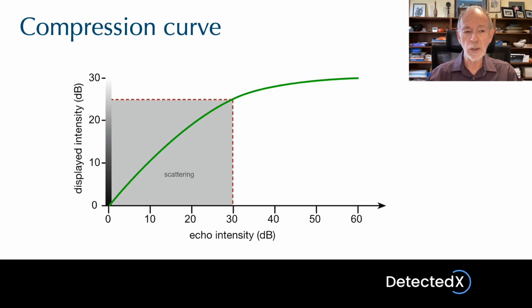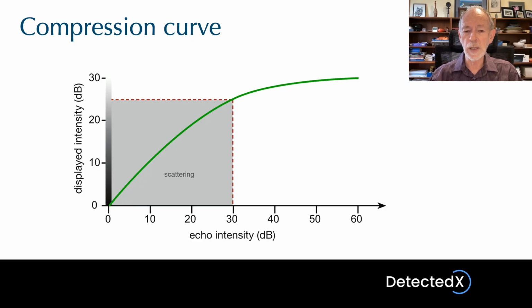So this compression curve shows us echo intensity on the horizontal axis and displayed intensity on the vertical axis. In both cases, I'm using decibel ranges here, so they're using logarithmic scales for both of these vertical and horizontal axes. Now I should point out that because these are decibel ranges, in both cases the 0 decibel point simply is the weakest possible value, and then we have decibel values above that weakest possible value.